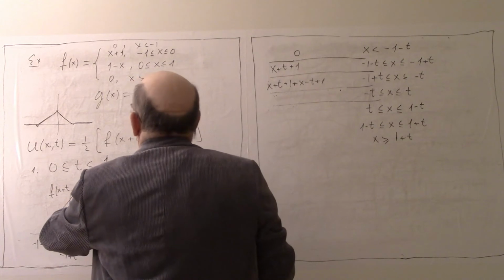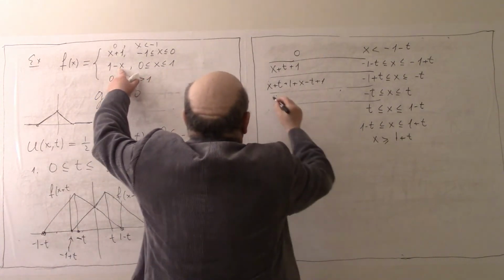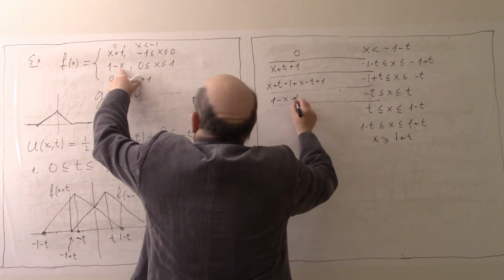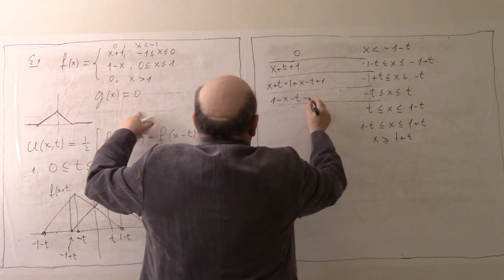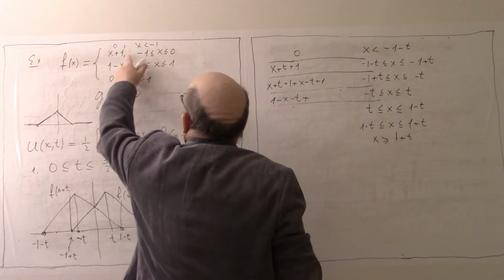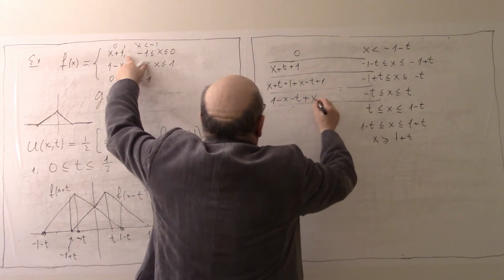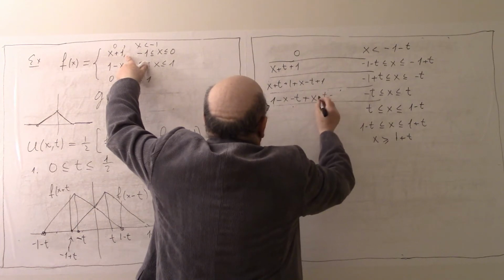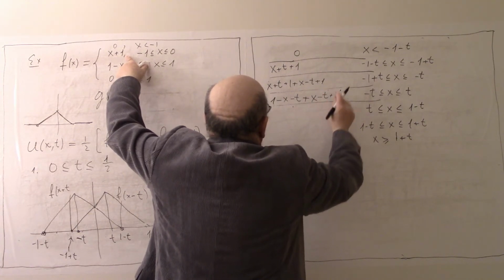Here the first is already decreasing: 1 minus x minus t, plus, and here we have to write x plus t plus 1, x minus t plus 1.